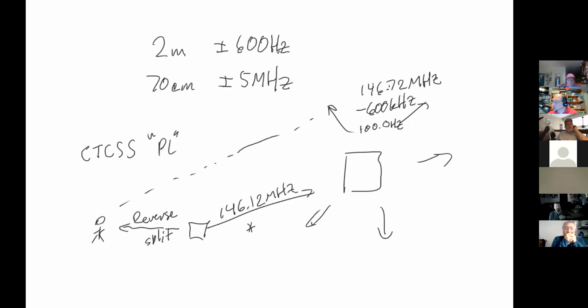That allows me to listen to the actual transmit frequency of the person who's transmitting. That would also be known as listening on the repeater input frequency. It's the same thing as reverse split: listening on the input.